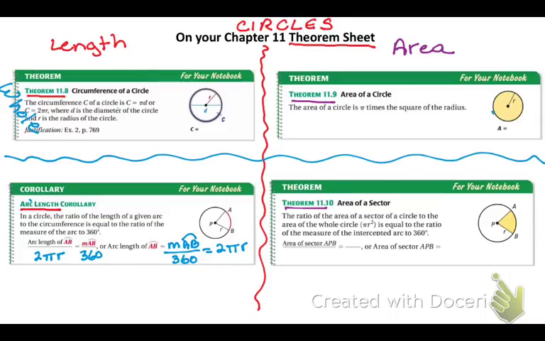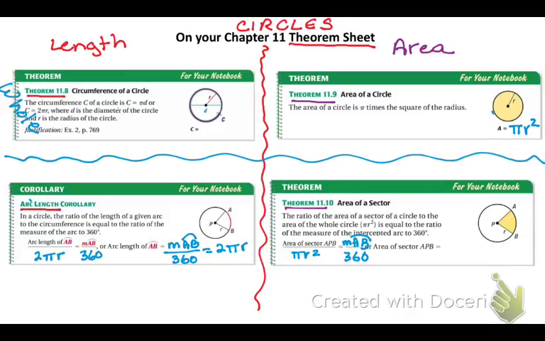Now up here on the right, you have the area of a circle you need to fill in. Area equals pi r squared. And then the area of a sector. The formula is the area of a sector over the area of the whole circle, which is pi r squared, is equal to the measure of the arc over 360.